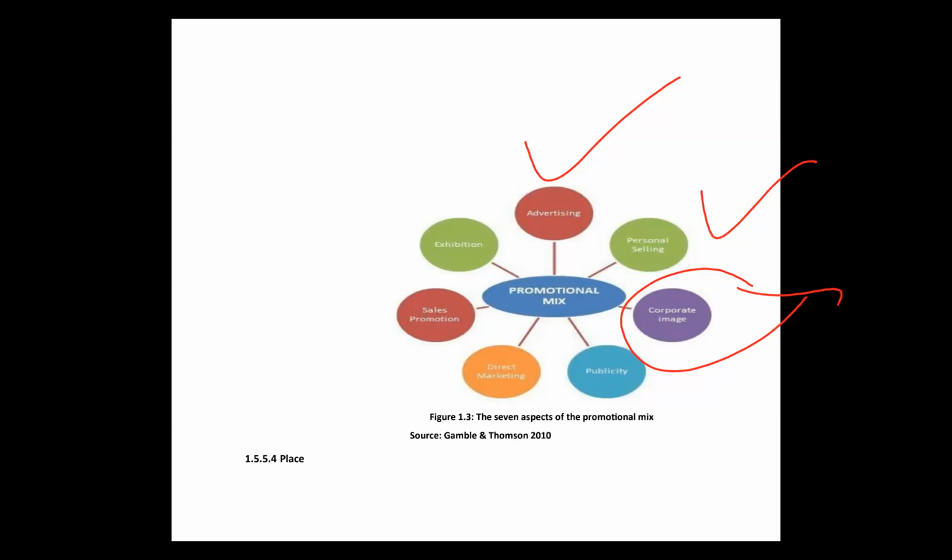Maybe, for example, how do you set up your Facebook page, though I won't dive much into that because those are elements of digital marketing. How do you set up everything? What image are you portraying to the people as a business? What are you standing for, right?